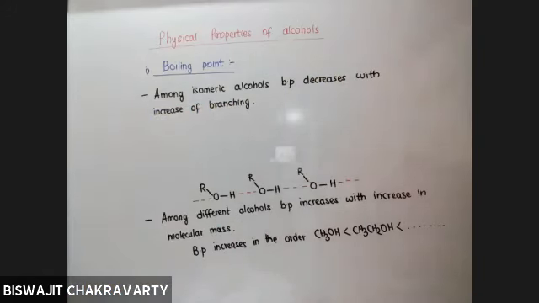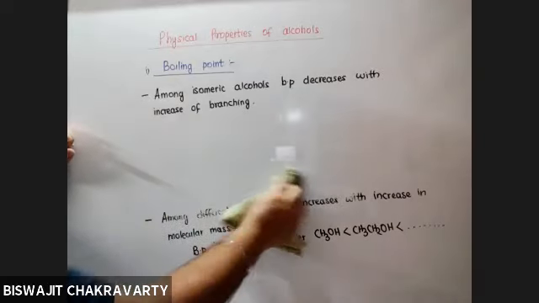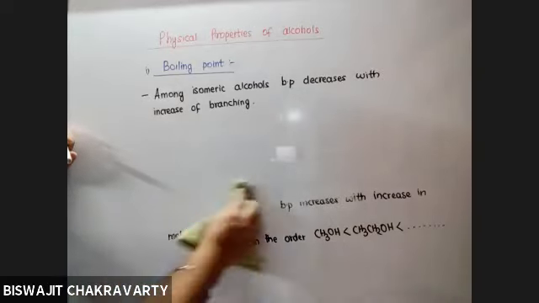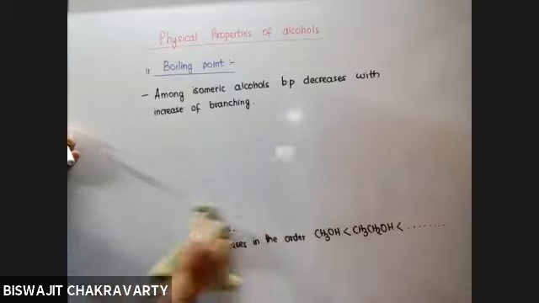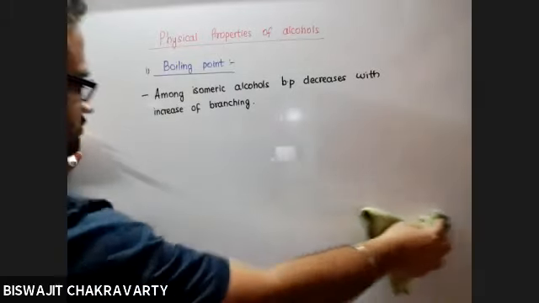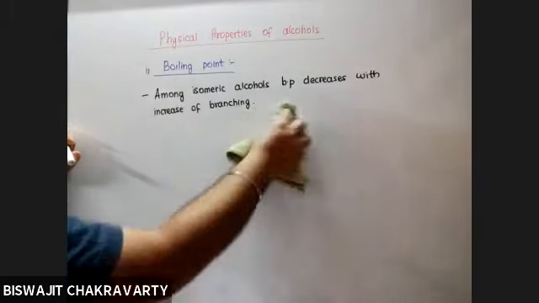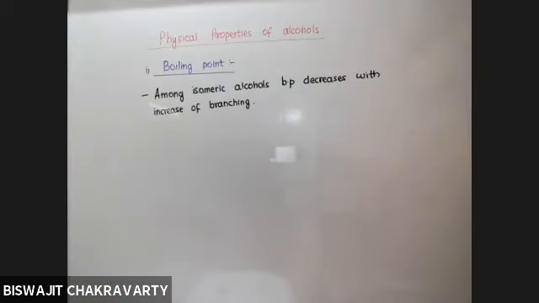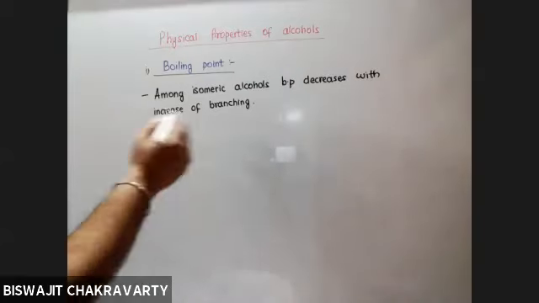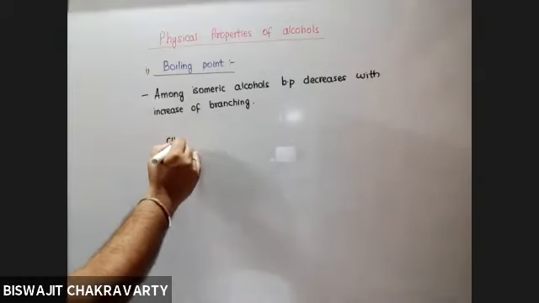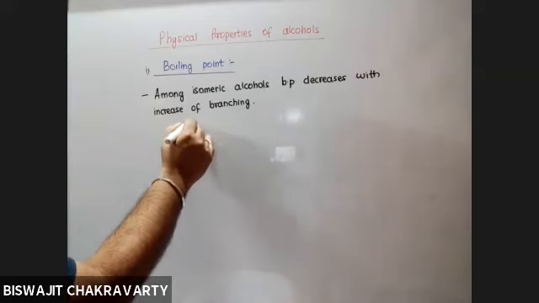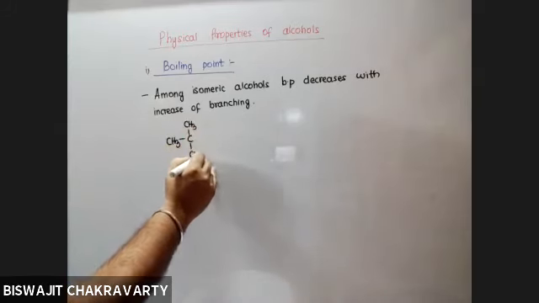So as we have already discussed, as branching increases, what will happen? Surface area will decrease. And if surface area decreases, it will face lesser van der Waals forces of attraction. So suppose we have different types of butyl alcohols.